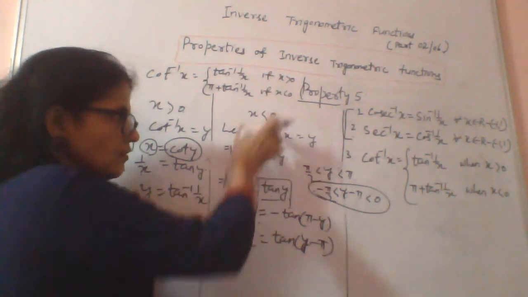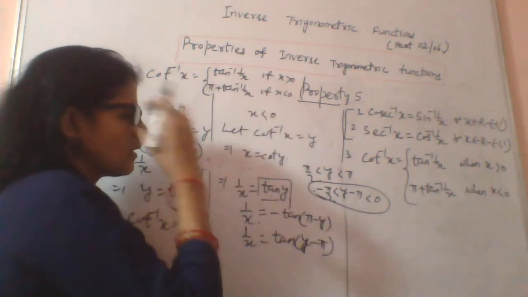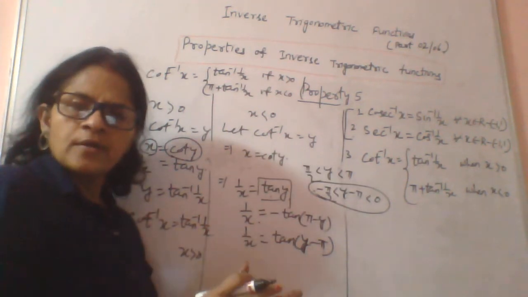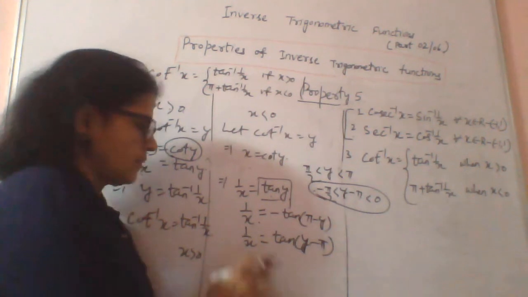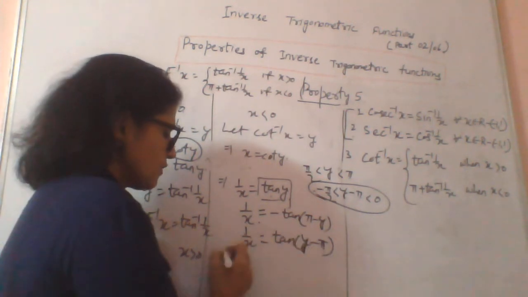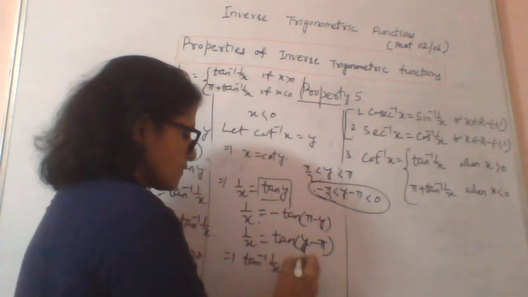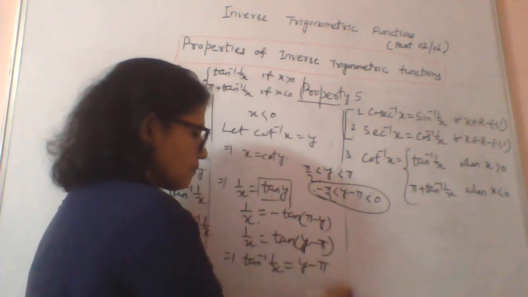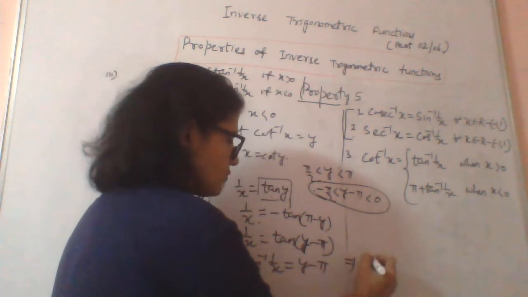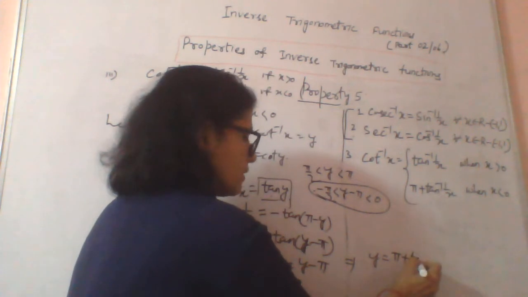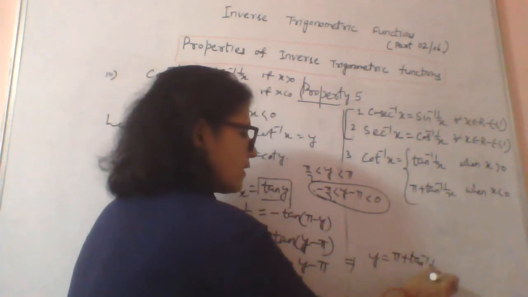So we have taken x negative and we are getting everything as per the criteria given in the question. So 1 by x equals tan of y minus pi, which means tan inverse 1 by x is y minus pi. This implies y equals pi plus tan inverse 1 by x.